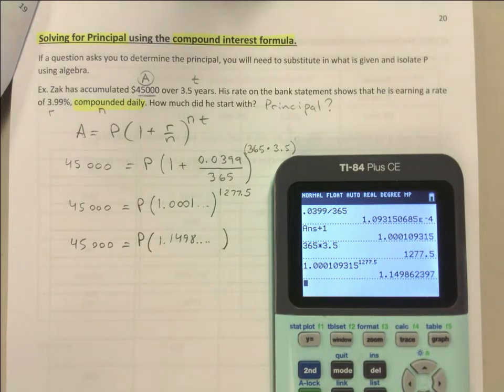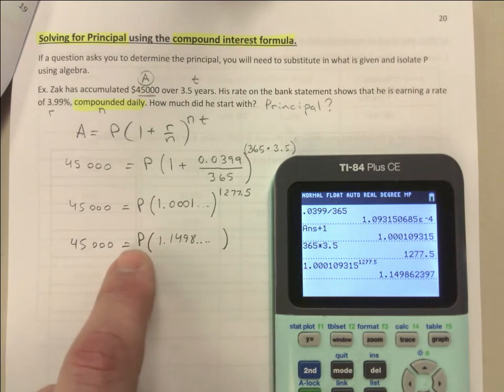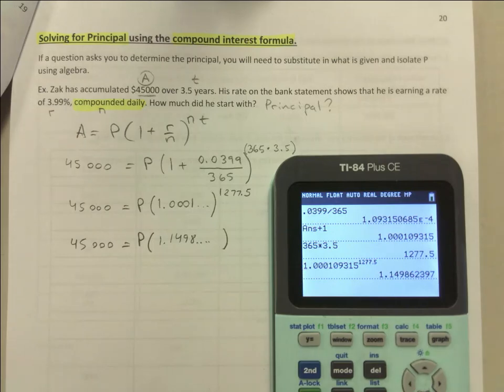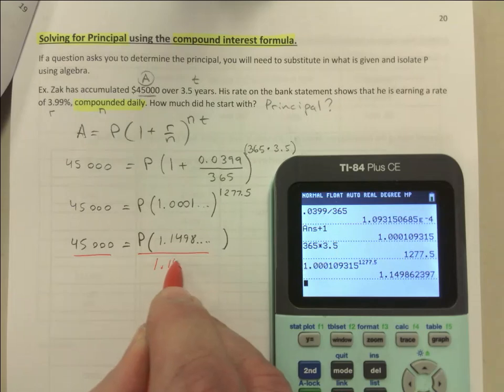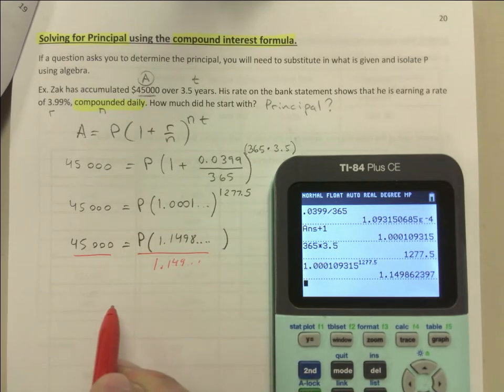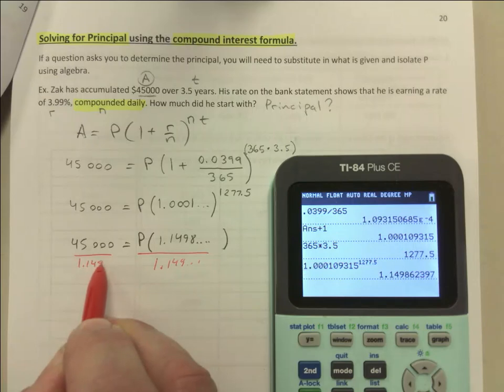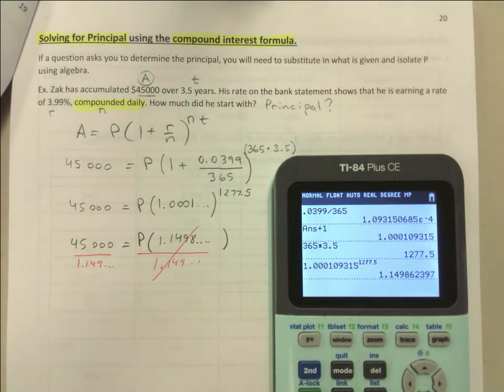Now that you cleaned up the right side, you basically just have a number multiplying P. That's when I divide both sides by that number. Cancel that out.